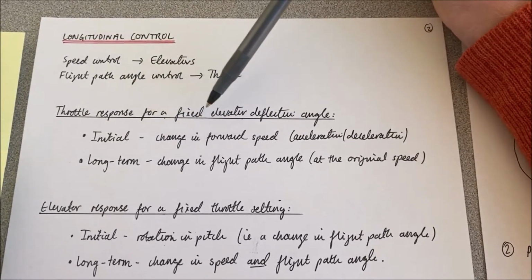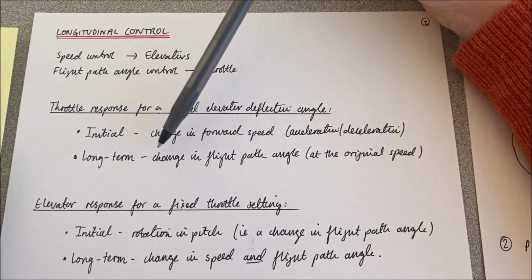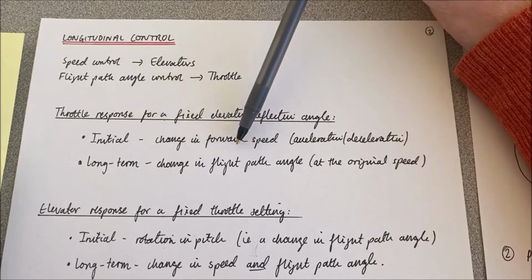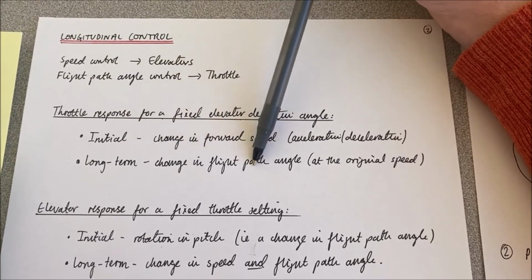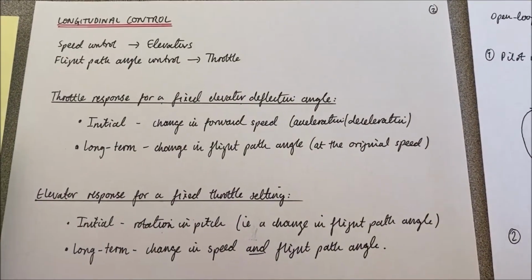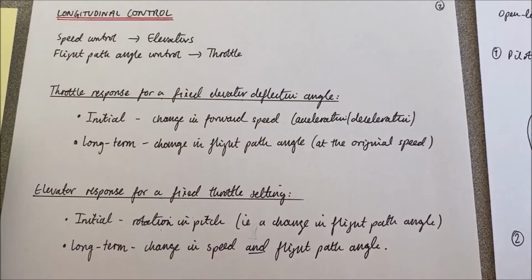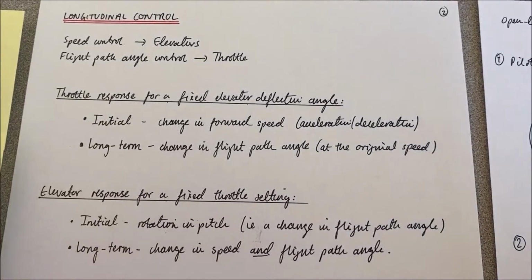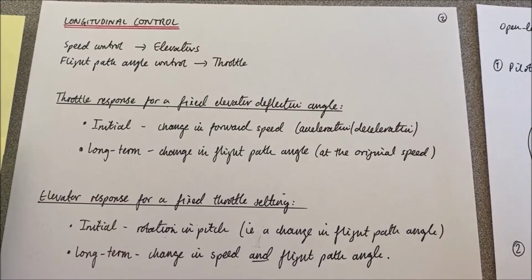So that's a change in forward speed, but long term the speed is regained to the trim or the initial condition, but we get a change in flight path angle, right? That will be more obvious when I describe some of these charts in a moment.